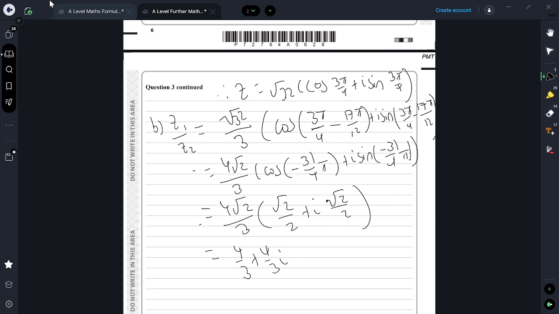Okay, 3 over 4 minus 17 over 12, that's not the right angle. Okay, 2 over 3 plus i sine minus 2 over 3. I don't know what I did there. Now you put that into the calculator. What's cos of minus 2 over 3 pi? That's minus a half. Minus a half plus i of what?